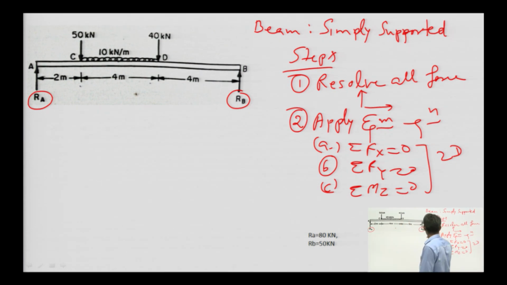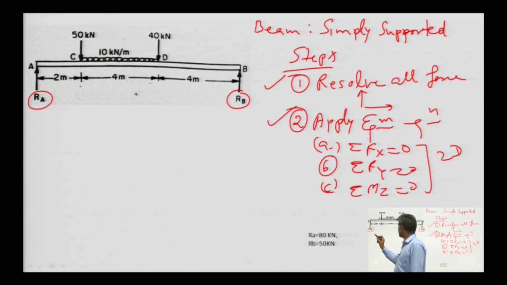So, step number 1, resolve all forces along horizontal and vertical. Here all the forces are shown vertical, this one is vertical, this one is vertical, this is also vertical, no need to resolve here. So, step 1 is not applicable over here.